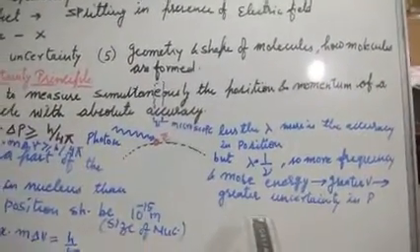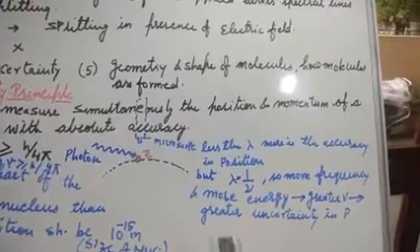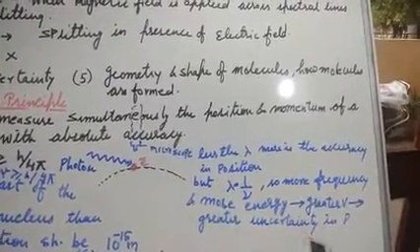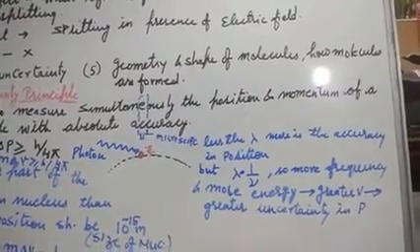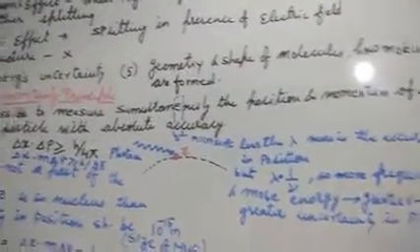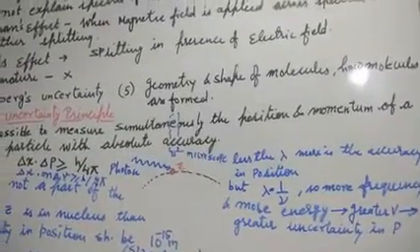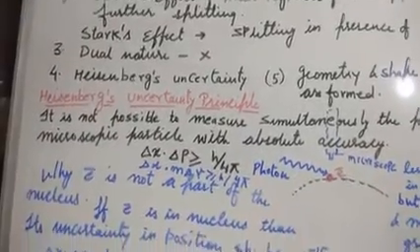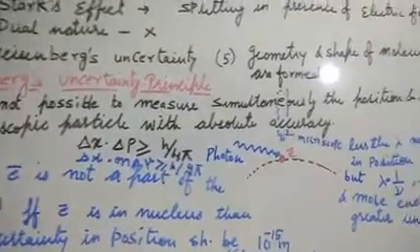If we calculate velocity accurately, the position cannot be accurately judged. Okay students, in this way Heisenberg's uncertainty principle says that the position and momentum of an electron or microscopic particle cannot be measured simultaneously with absolute accuracy. Okay, students?